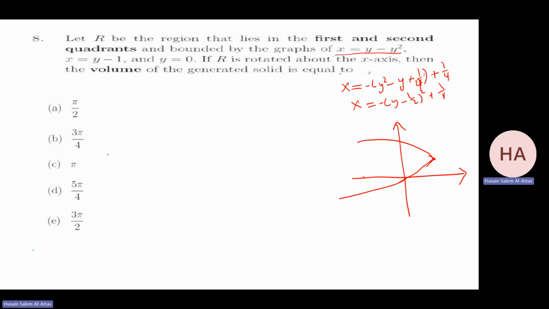So here I have 1, and it will pass through this. So that's the line. When they are equal to each other, point of intersection, equate them. That's very clear, y equal plus or minus 1. So that will be minus 1, and that will be 1 for the y values.